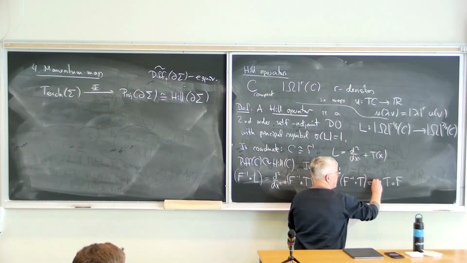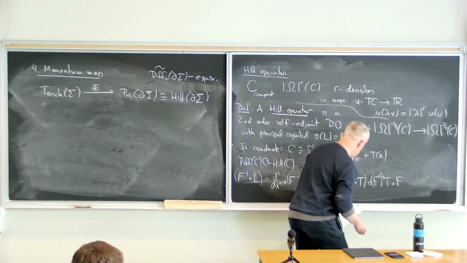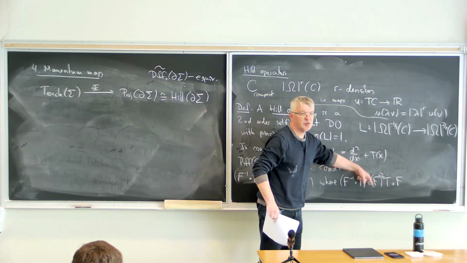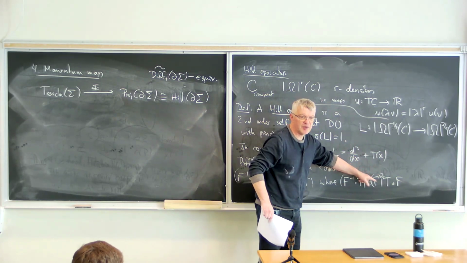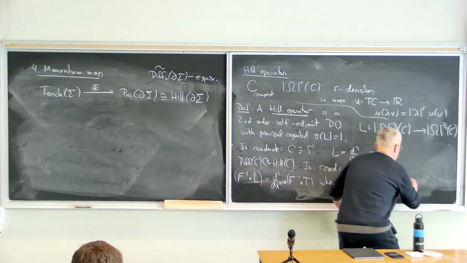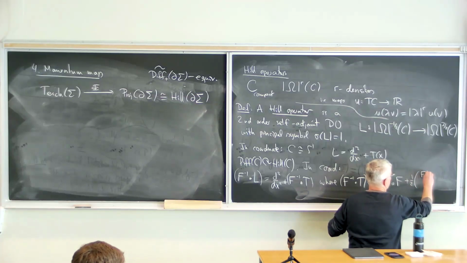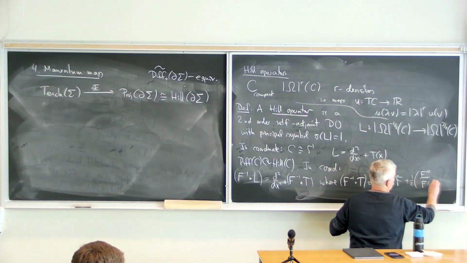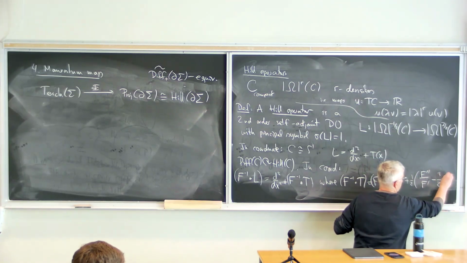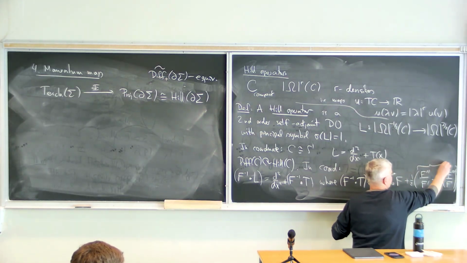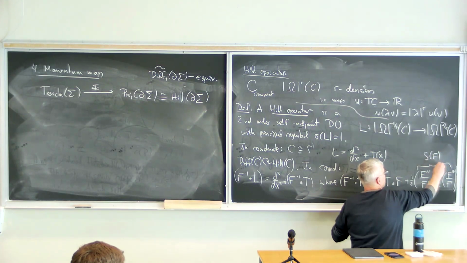Because of that, there's a factor here, first of all, f prime squared, which says that it acts more like a 2 density, a quadratic differential. And on top of it, there's some term here, plus 1/2 f triple prime over f prime squared, the famous or infamous Schwarzian derivative.